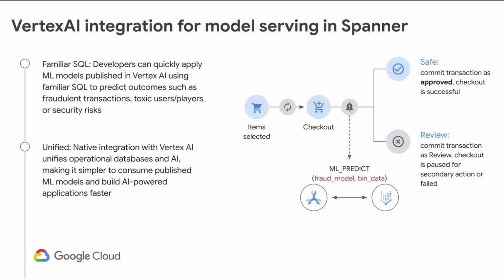With this, developers can quickly apply ML models published in Vertex AI using SQL directly on their operational databases to predict outcomes such as fraudulent transactions or find toxic users, players, or in our case, to get an understanding of audit trails for a suspicious user.